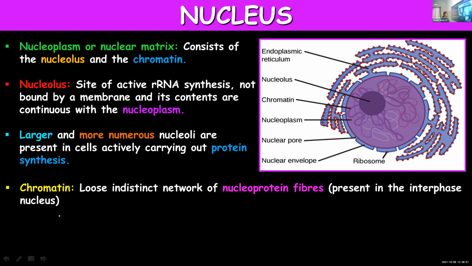Then chromatin. Chromatin fibers are made up of nucleoproteins. These are present in the interphase. Interphase you haven't learned yet. In cell division, interphase is the resting stage. You will learn that later, in the next chapter. So in the interphase stage of cell division, you can find chromatin fibers.